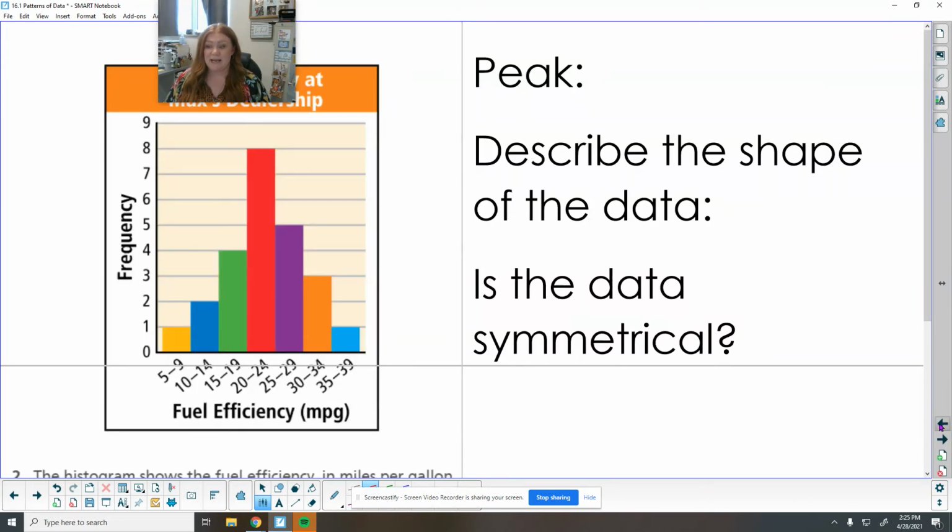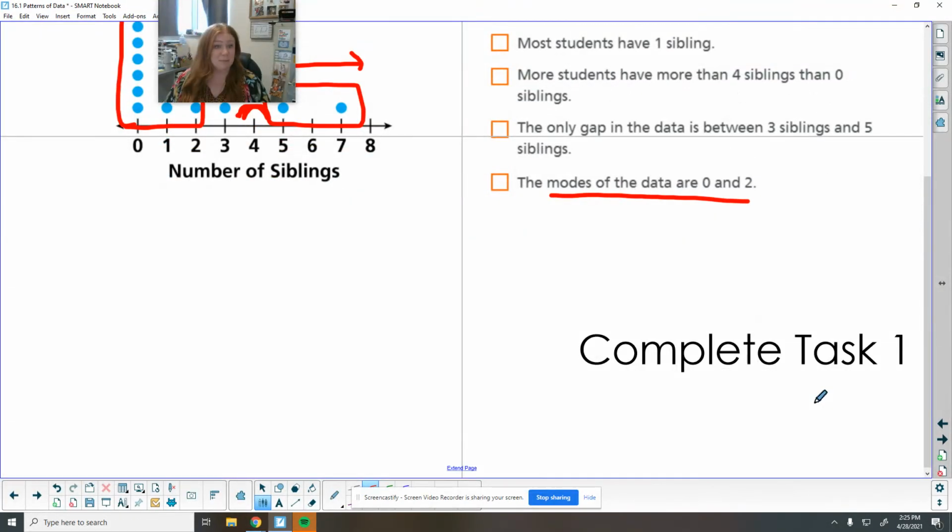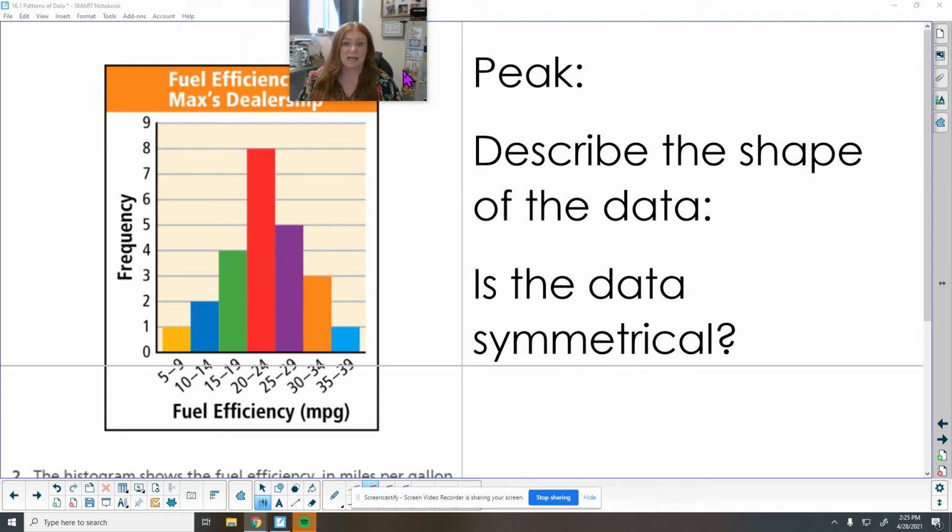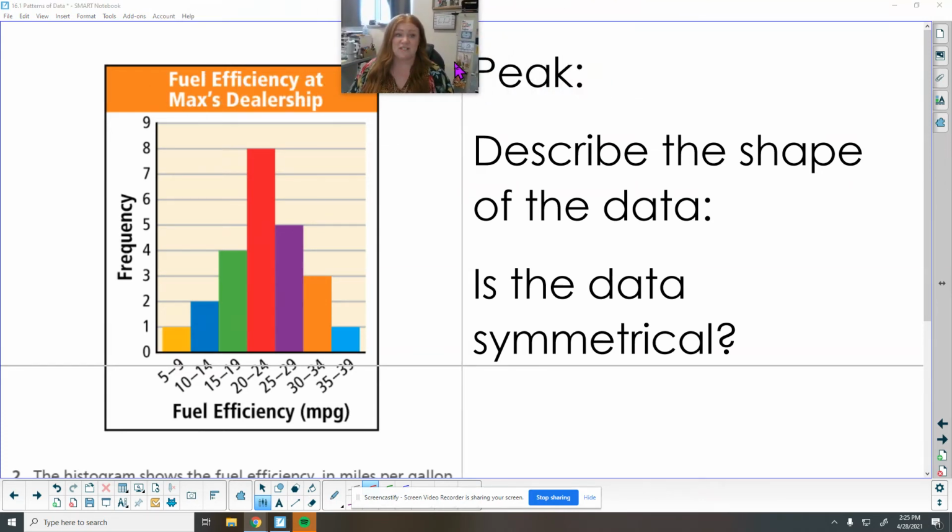Okay, go ahead and complete task 1 and come back when you are ready to do task 2. Task 2 has the fuel efficiency at Max's dealership of different vehicles. I can see 1 vehicle only gets 5 to 9 gallons. There are 2 vehicles between 10 and 14.